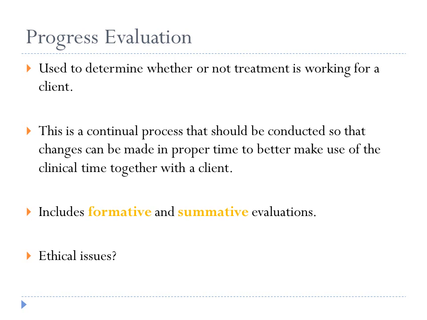There are several ways that you could evaluate progress. Two such ways are formative and summative evaluations. A summative evaluation is when you evaluate the entire project once it's completed.